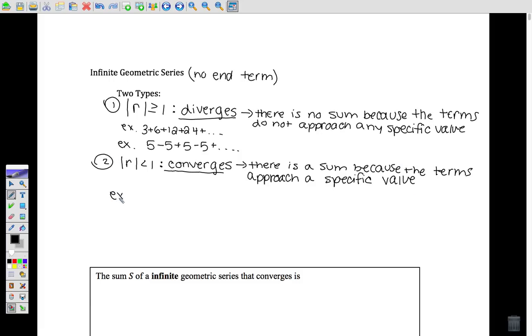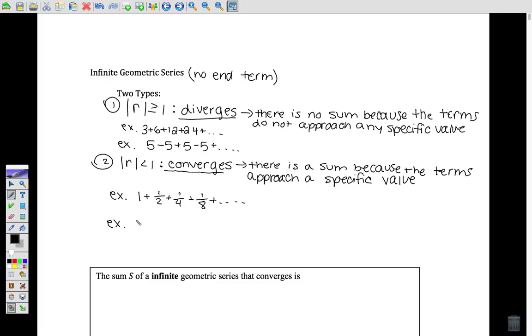So for example, if we had 1 plus 1/2 plus 1/4 plus 1/8 and so on, your common ratio is 1/2. These numbers are going to get very small, so we can actually figure out, even if we keep adding into infinity, what that sum is going to get very close to.